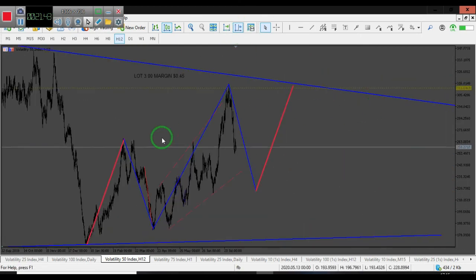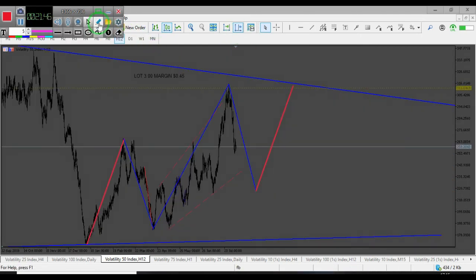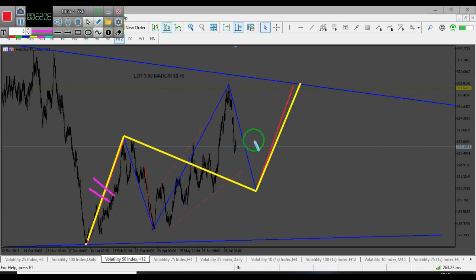Right, on this pair, according to the count that I have, I want to see something like this. A, B, C, where this wave is almost or equal to this one.